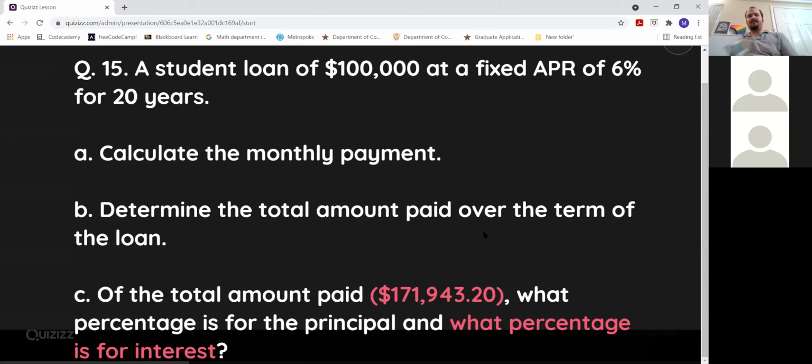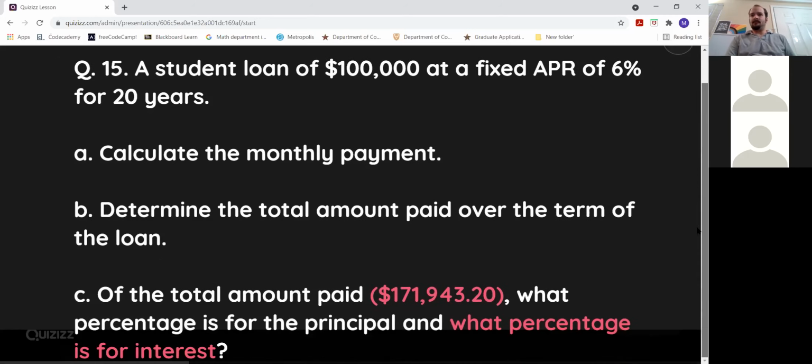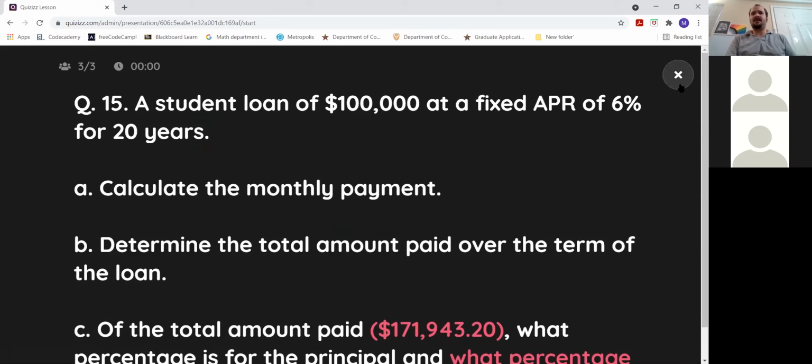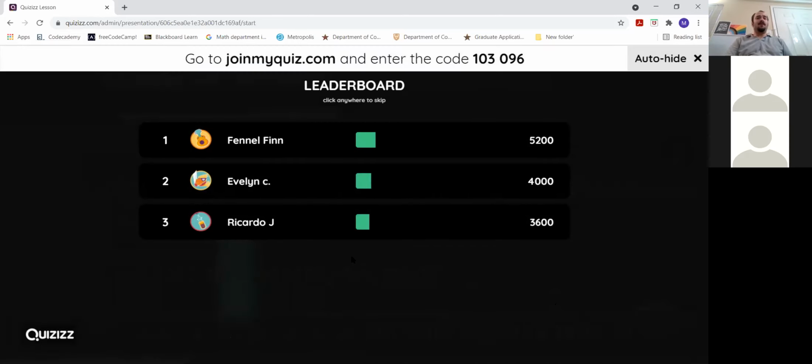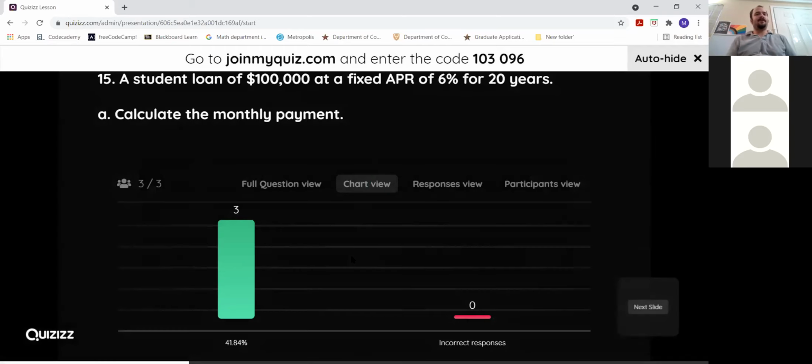There's at least two ways you can do this. So I think what we're doing is taking 1,000 off of here. So it'd be just a 71,943.20. And we're going to divide that by 171,934.20 and get 41.84.